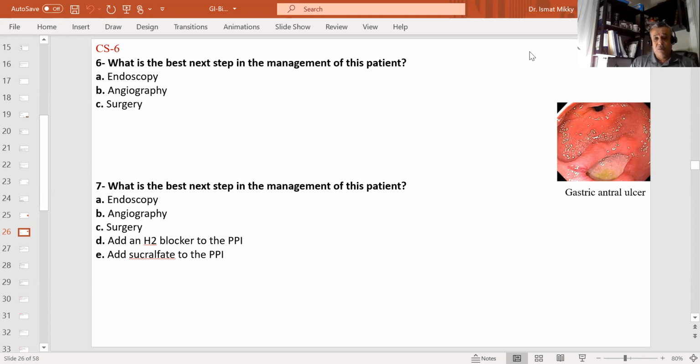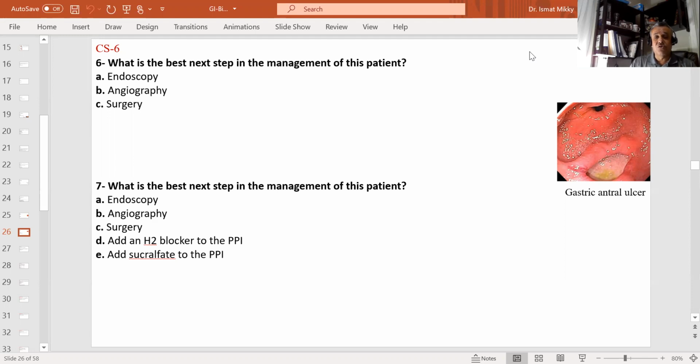In addition, if a patient presents hemodynamically unstable despite vigorous resuscitation, or develops shock with recurrent hemorrhage, then surgery is indicated.